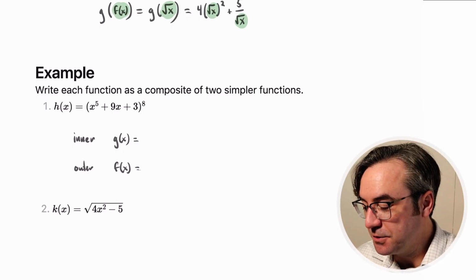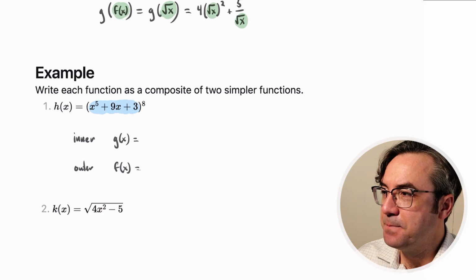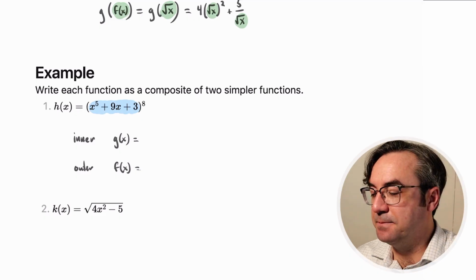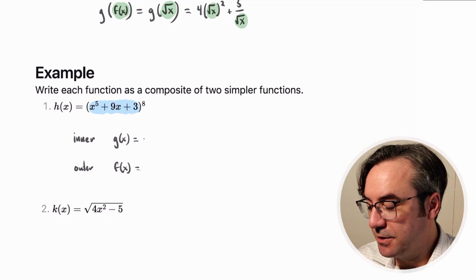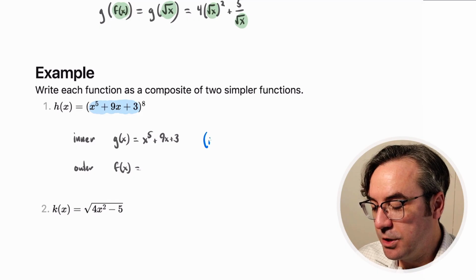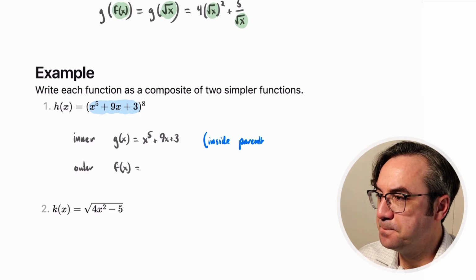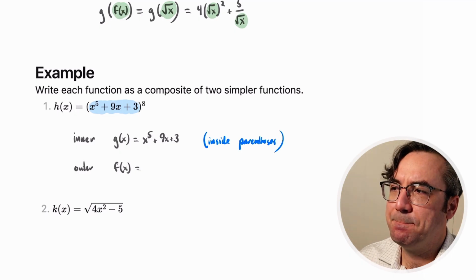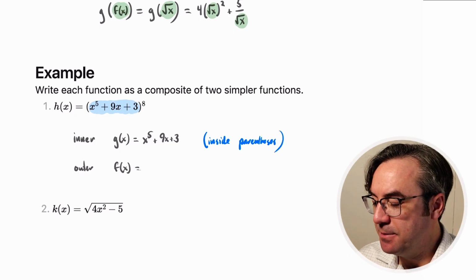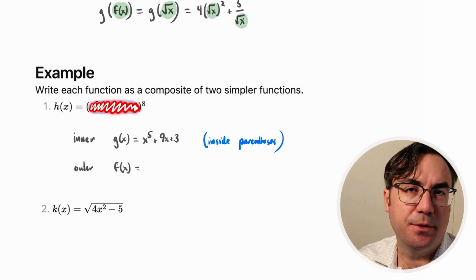So if we're looking in this first one, we've got a nice juicy set of parentheses here, and we've got all that stuff that's inside it. So that's what we're going to let our inner function be. X to the power 5 plus 9x plus 3. So we're looking inside the parentheses. Now imagine just replacing all of that with a single variable.